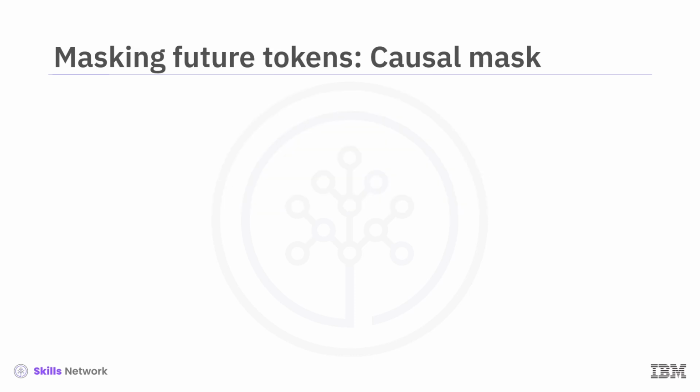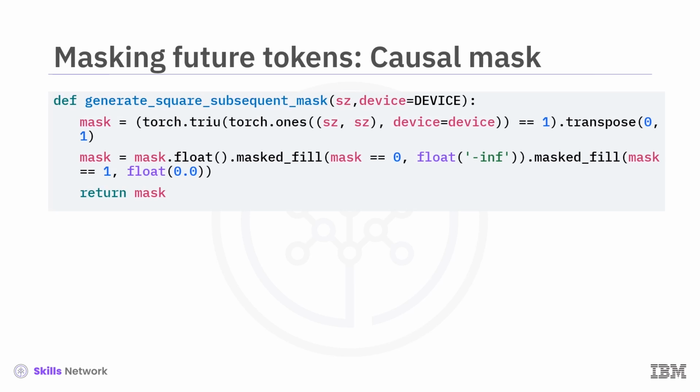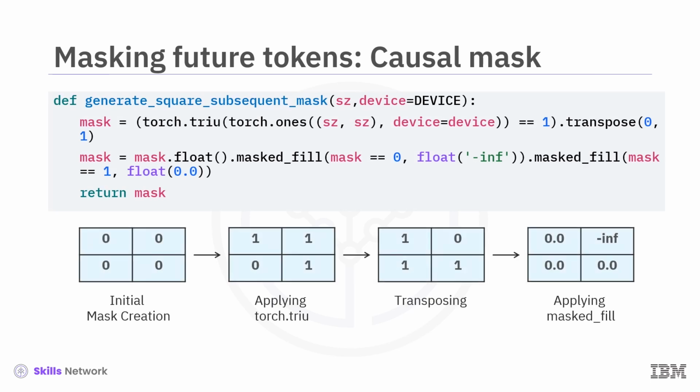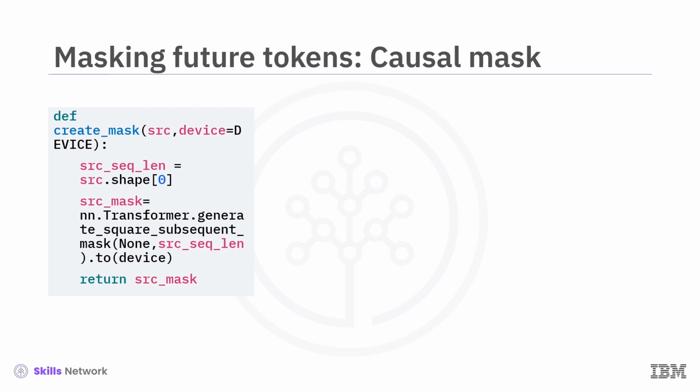Now let's understand how to create a causal mask to prevent the model from being influenced by future words. First, use the function GenerateSquareSubsequentMask. This function helps to form a diagonal matrix, transposes it, and sets zero values to negative infinity. However, PyTorch includes the function GenerateSquareSubsequentMask to create causal masks with sequence length as the input.